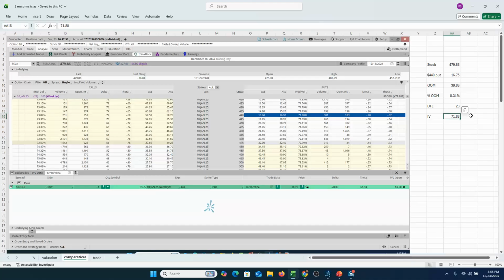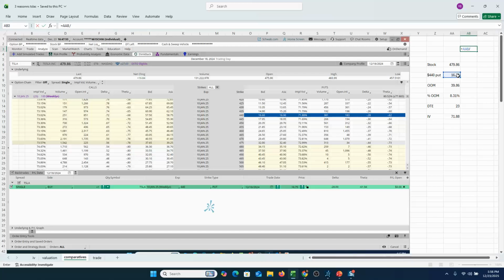So certainly option prices are much, much cheaper now versus back then when the stock was basically at the same level. You can take a comparative and simply ask how much does that option cost compared to the stock price.